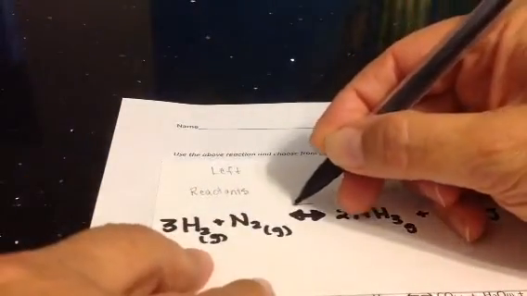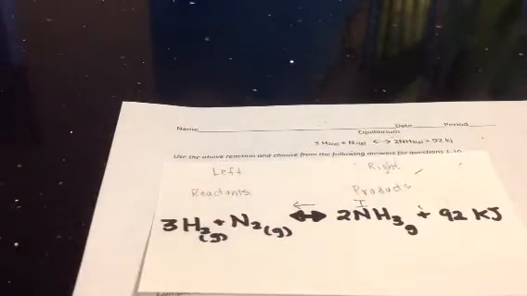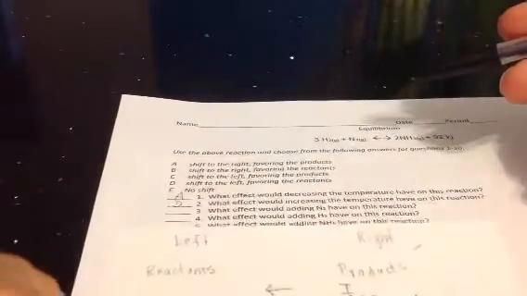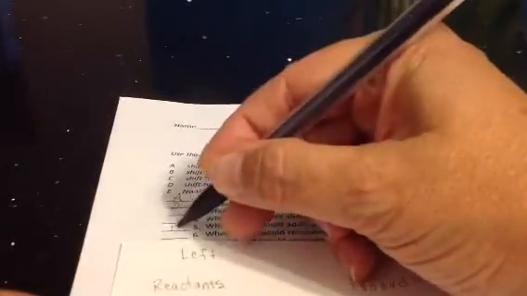That is away from an increase. So I draw my arrow going away from the I that I just put for increase. That means this reaction is going to shift to the left in favor of the reactants. So that's my D choice.